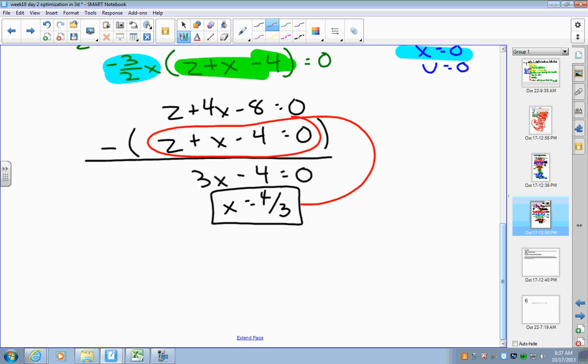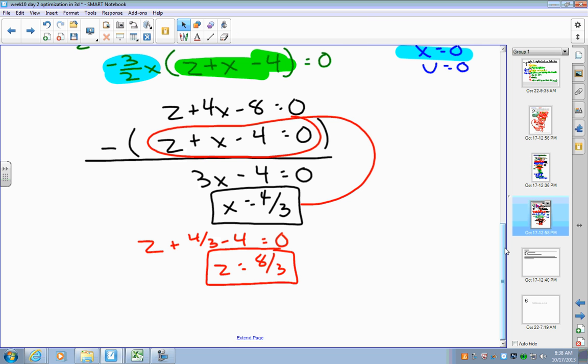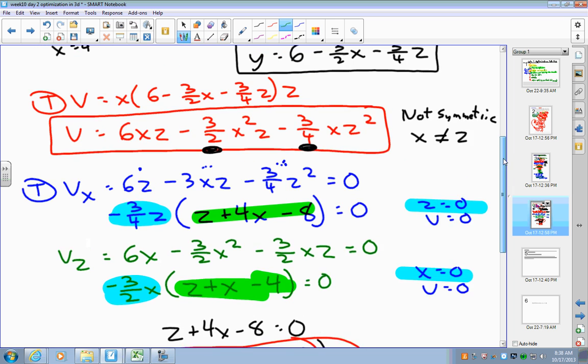Okay. So if x equals 4/3, let's just plug that right into this one. And I got z plus 4/3 minus 4 equals 0. So z would be 8/3. And where can I go to get the y? Where can I go to get the y?